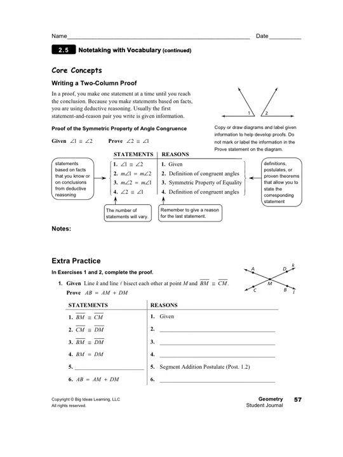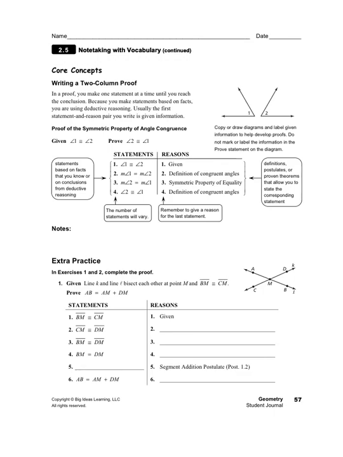Now, if you're trying to prove that angle 2 is congruent to angle 1, we know that eventually we're going to be using the symmetric property because we are switching the two. But first, you have to talk about the measurements, because the symmetric property of equality states that the measurements of those two angles are equal. So before you can go there, you would have to say the measure of angle 1 is equal to the measure of angle 2.